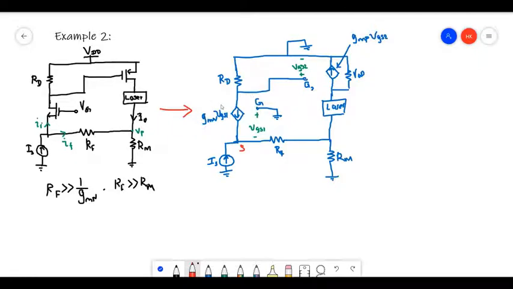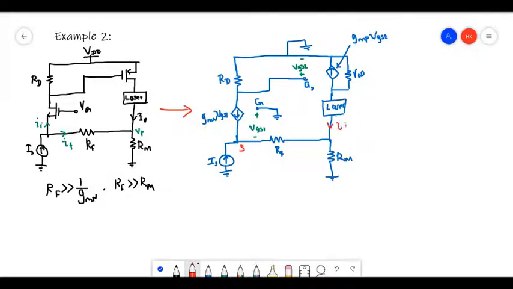In this case I haven't drawn the output resistor because it is a large resistor and we don't really need to consider it. But this is the P MOSFET, and I have drawn ROP since this is where we get the output current.